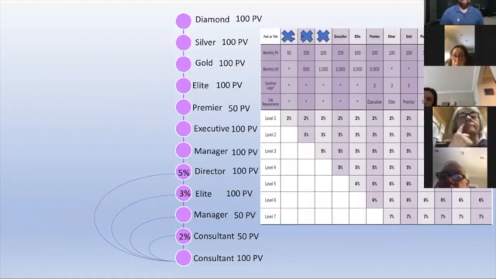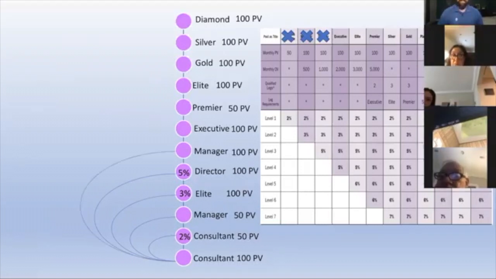And let me be clear, we're talking about one order. There could be multiple orders up under these people that are all being evaluated. So just because that manager is not paid on this order doesn't mean they're not getting paid on other orders. We have to look at it case by case.